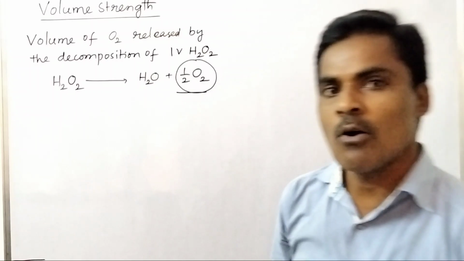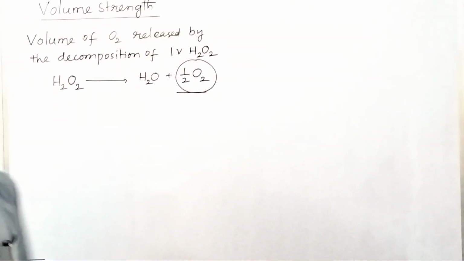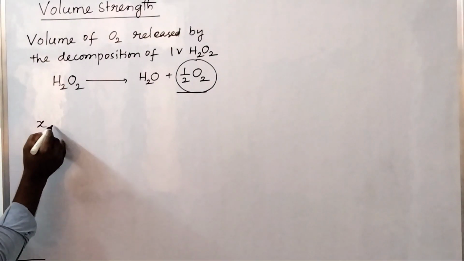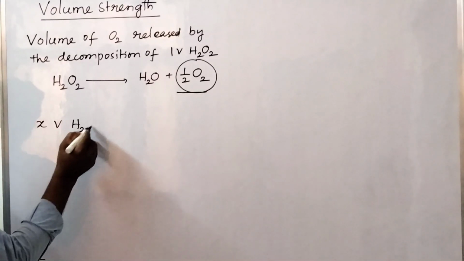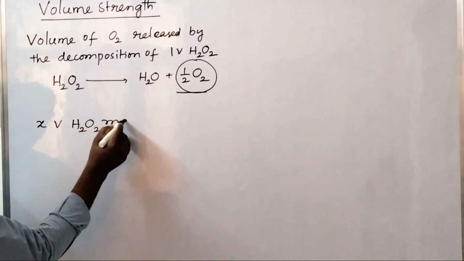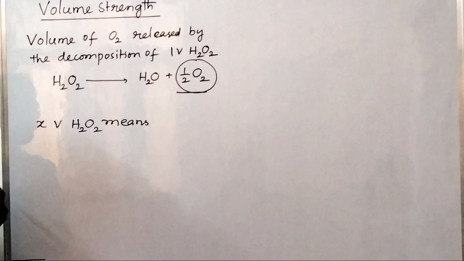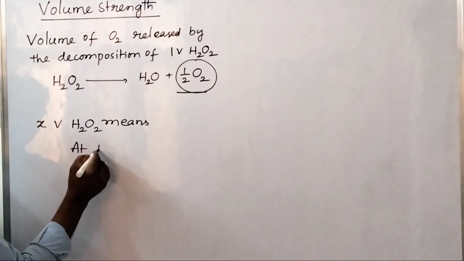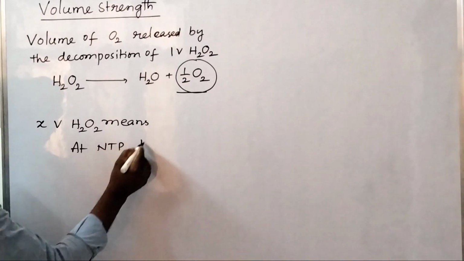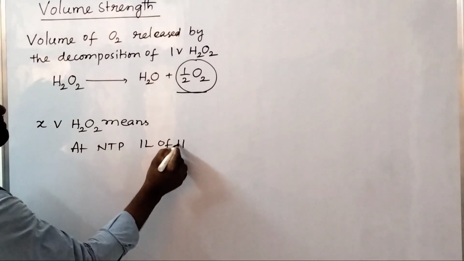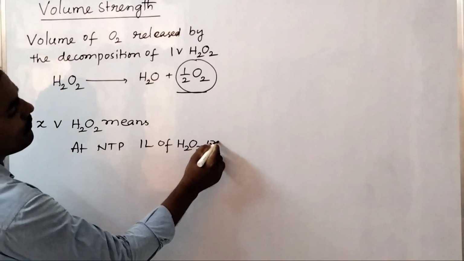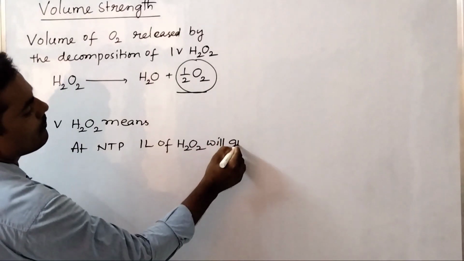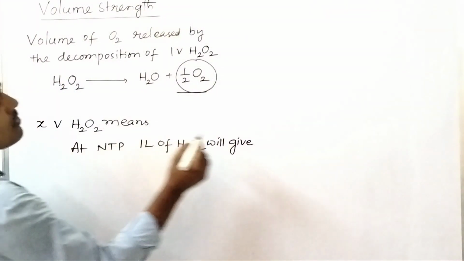Volume strength. Suppose X volume of hydrogen peroxide, what does X volume H2O2 mean? It means at normal temperature and pressure, at NTP, 1 liter of hydrogen peroxide will give X liters of oxygen.